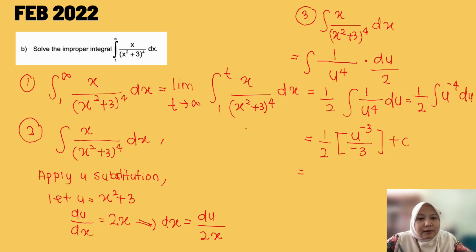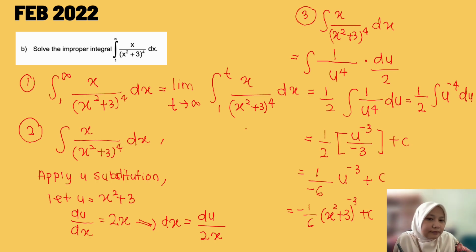So it becomes 1 over negative 6 u to the power of negative 3 plus c. Don't forget, we need to substitute back our x squared plus 3. So it becomes negative 1 over 6 (x squared plus 3) to the power of negative 3 plus c.